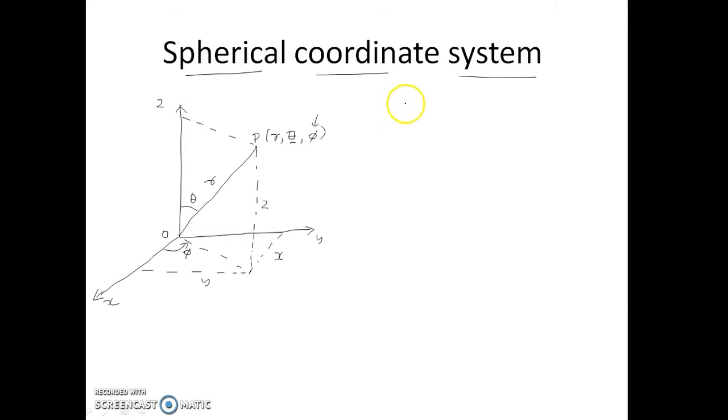So the range of r is from 0 to infinity. When point P is at the origin, r is 0, and as it moves away from the origin, r increases. And this theta can take values from 0, that is, when the point P is on the positive z-axis it will be 0, and it can vary up to pi.